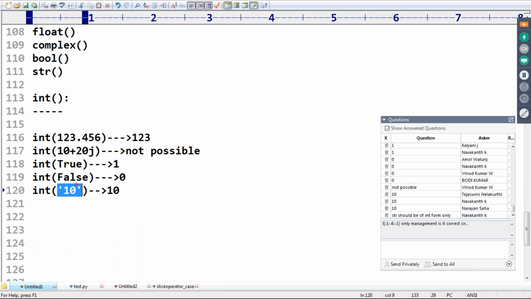It should contain an integral value only. If you want to convert str type to int type, compulsorily the str should contain only an integral value, meaning a whole number. It should not contain a decimal point. With 10.234, immediately we are going to get an error, sir. And it should be specified only in base 10.